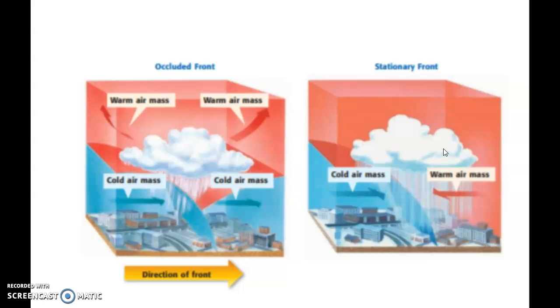Just like the name says, it depicts some kind of stationary air mass. To be specific, a stationary front forms when a cold air mass meets a warmer air mass. As you can see here, the cold air mass is meeting the warmer air mass, and this results in a stationary front. And in this case, to be known as a stationary front, the air masses don't have enough force in them to lift the warmer air mass over the colder air mass.